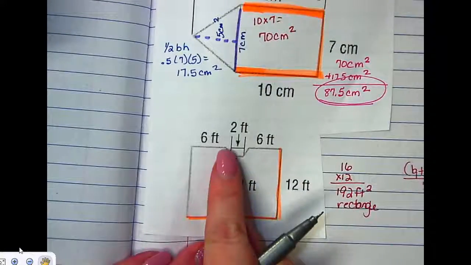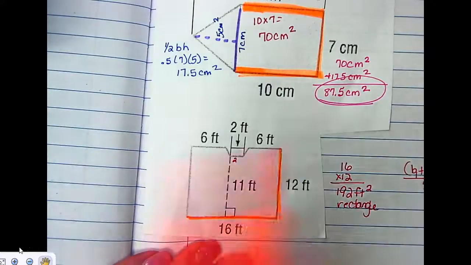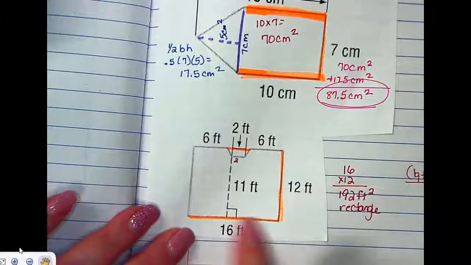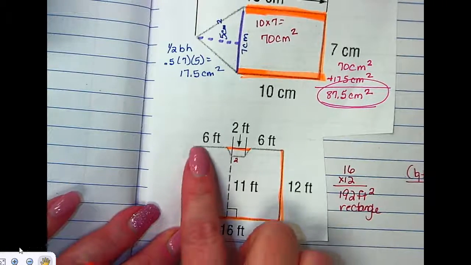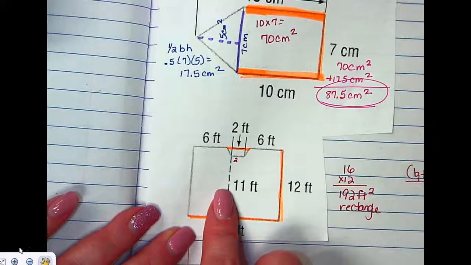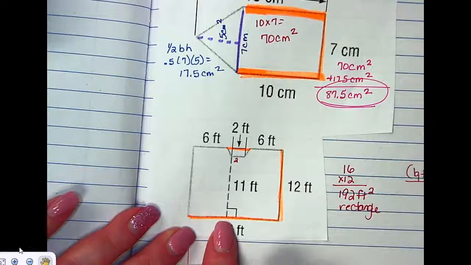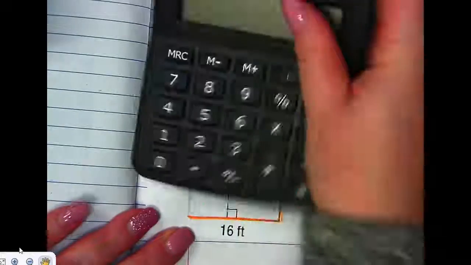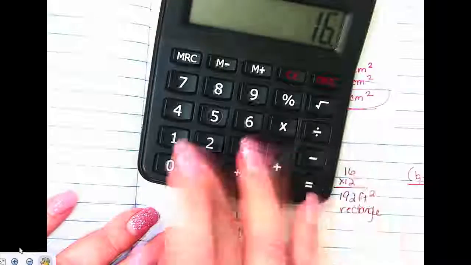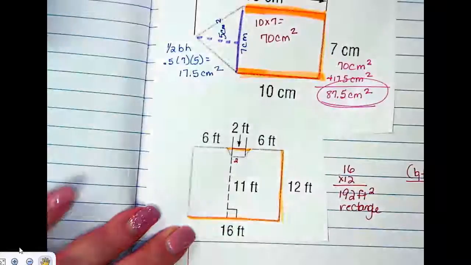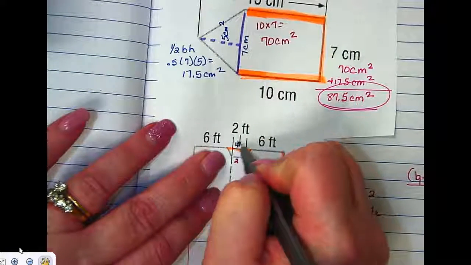Now I've got to figure out what this wider part up here is. Well, 16 has to equal 6 plus whatever this is plus another 6. So if I say 16 minus 6 minus 6, or 16 minus 12, that makes the other base a 4. This top base is 4 feet.